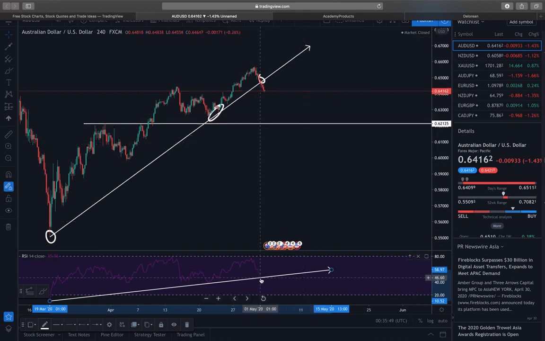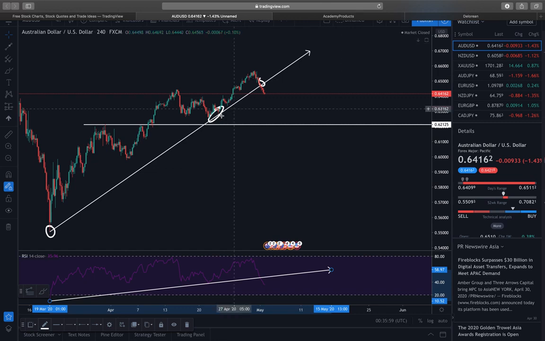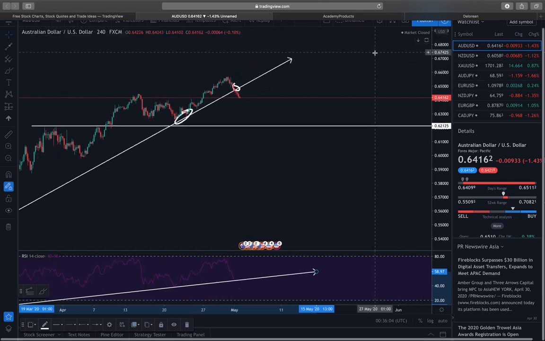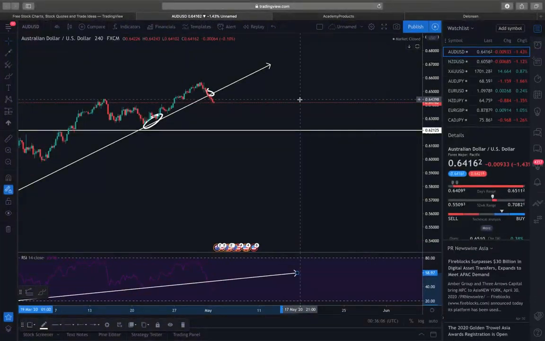Where did it break? It broke down in here. Now I just showed you two examples, and this is a 4-hour chart, so this is giving us a little more of a heads up than the 15-minute was. One candle here is 4 hours.